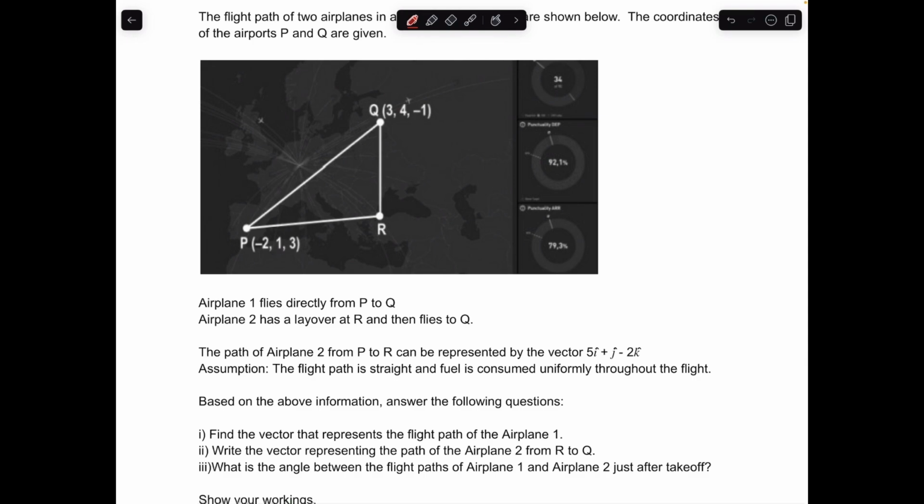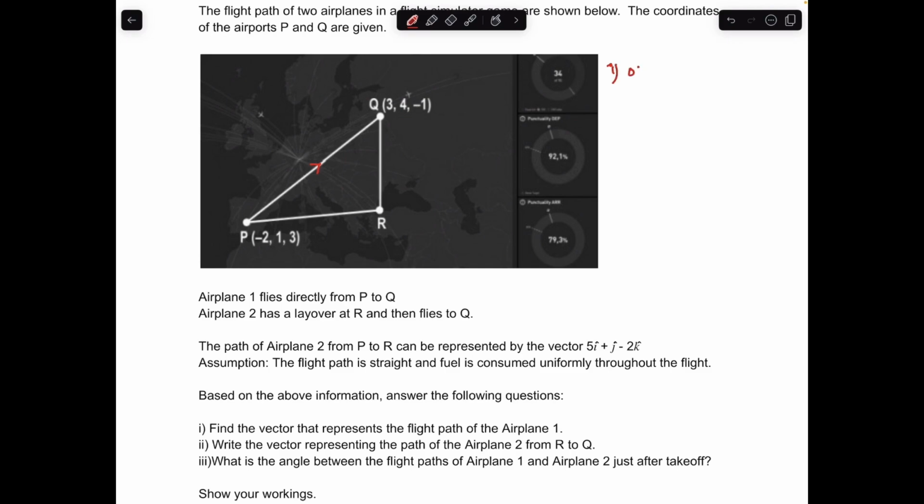Question number 1. Find the vector that represents the flight path of airplane 1. OP vector is equal to -2i + j + 3k. OQ vector is 3i + 4j - k.